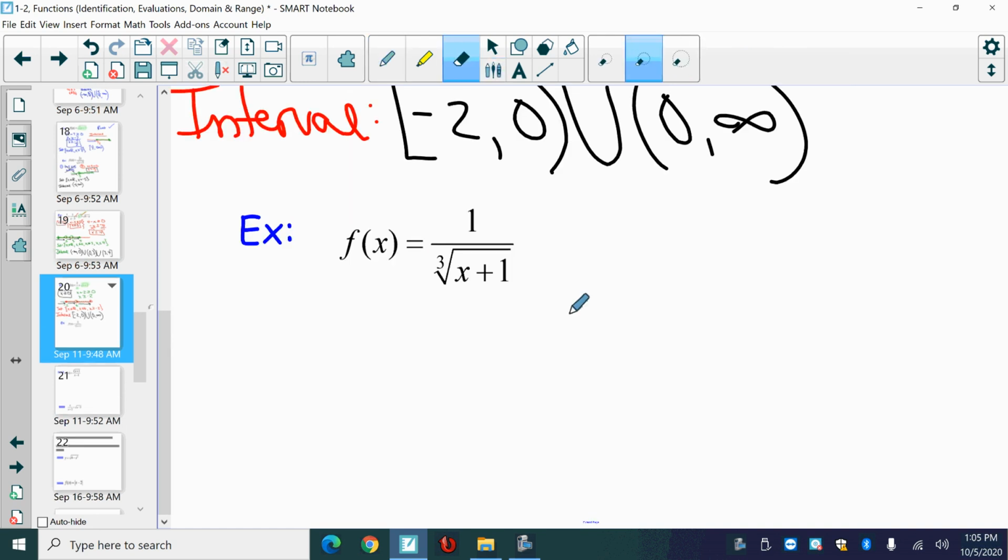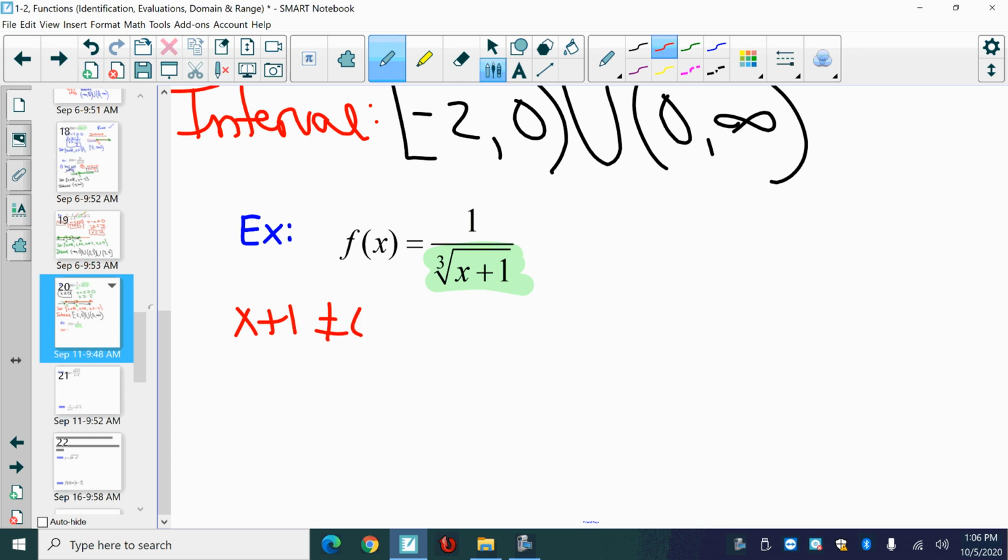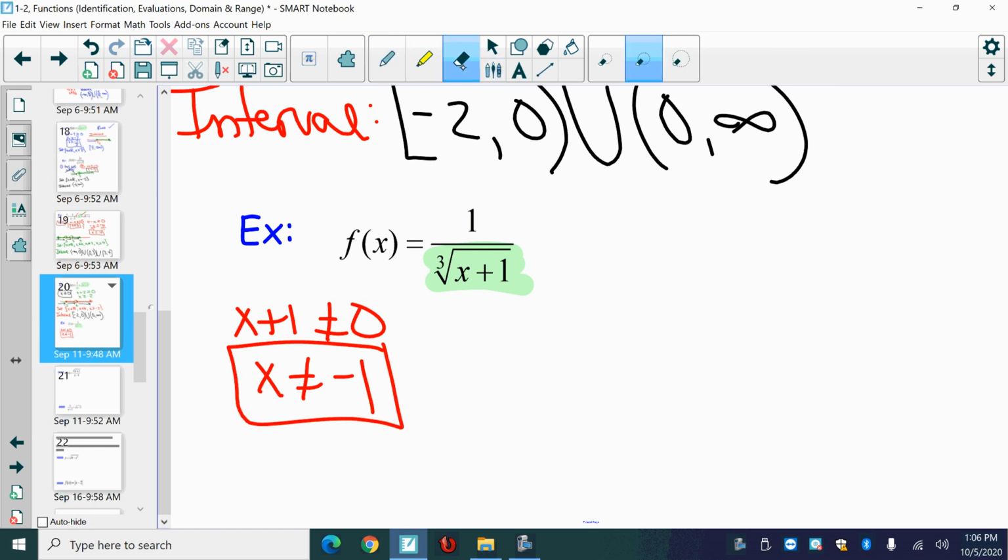Okay? Next. I'm going to look at this and say, okay, do I have a fraction? The answer is yes, I have a fraction. That fraction says that x plus 1 cannot be 0, because if it is, then guess what? I'm dividing by 0 and I'm not allowed to do that. Do I have a root? I do have a root. However, I have a cube root.